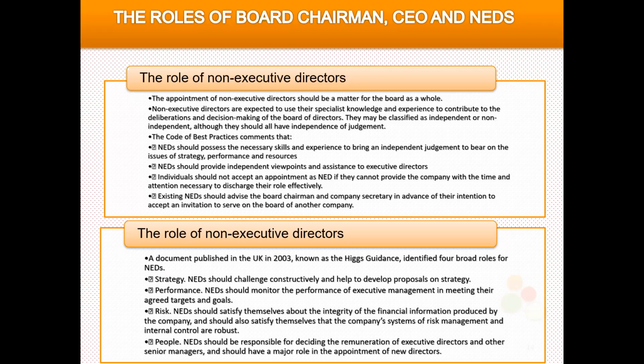That's what they are there for on the board. They shouldn't just be sitting on the board for the sake of sitting there. They should challenge what's going on. It's very, very key.